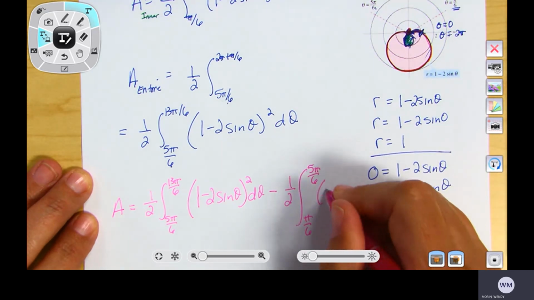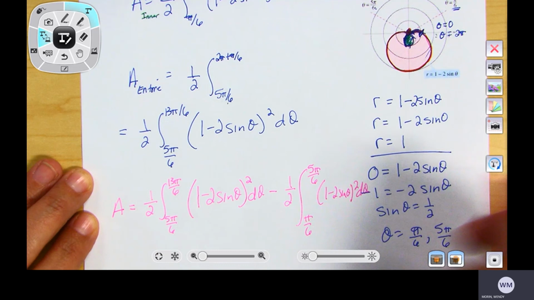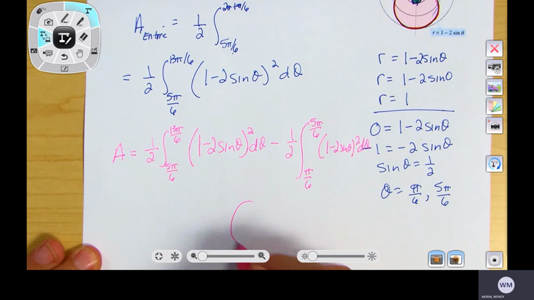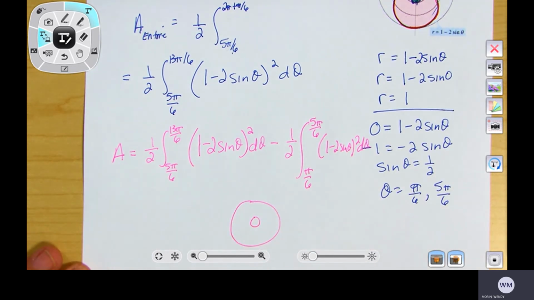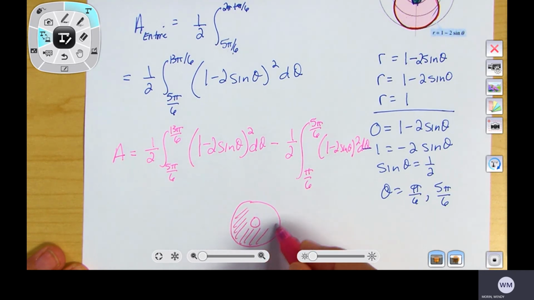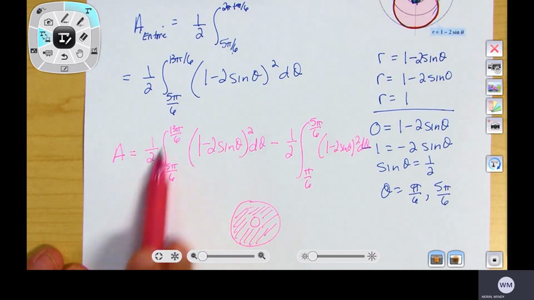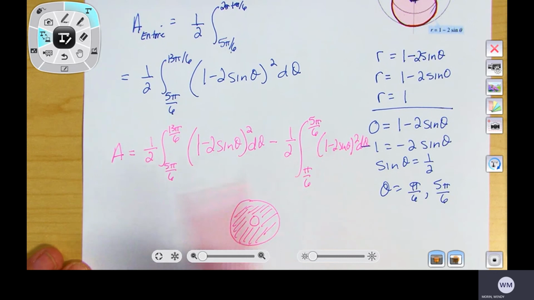I'm going to run out of room here. (1 minus 2 sine theta) squared d theta. Kind of like back in algebra when we took the area of a circle and then subtracted the inner circle to find this shaded region. Kind of the same concept. So this is the area of all of it, and this is the area of the inner loop.